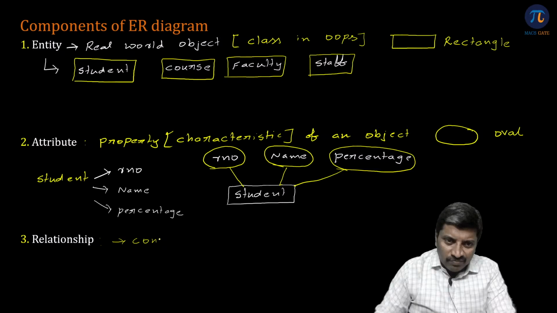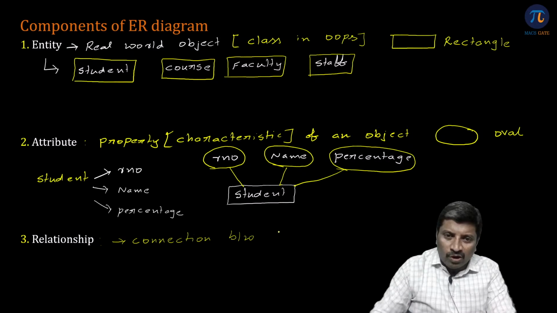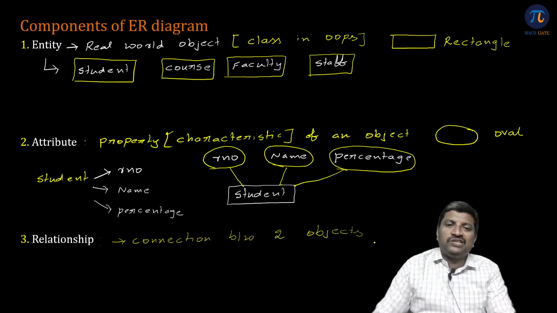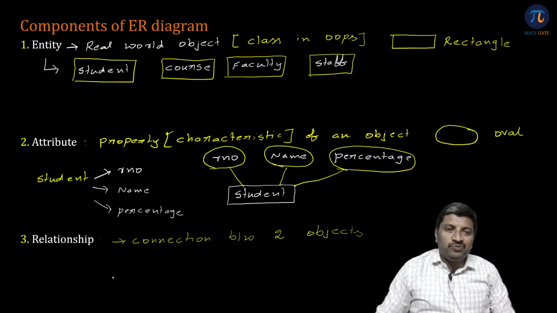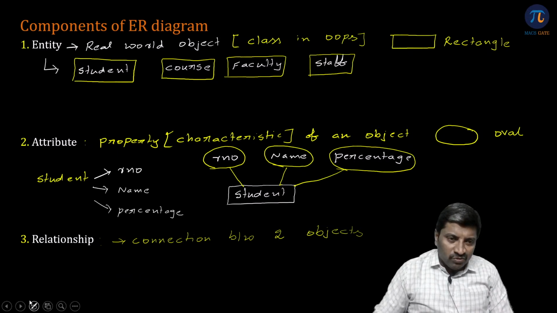Simply you can say, the connection between two objects. What does it mean? Suppose I have two objects.